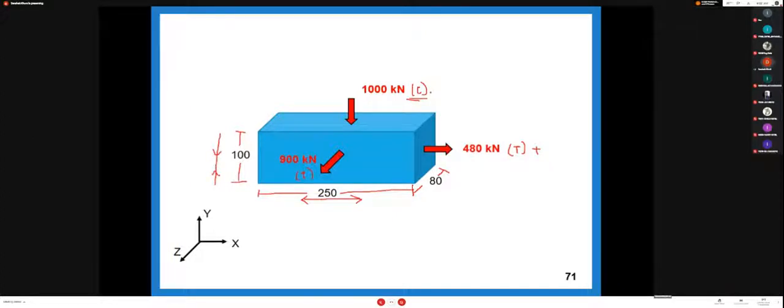So this compressive effect is considered negative. So ultimately we get the increase or decrease in the dimensions, because based on that we find out the change in volume. Okay. So our assumption is tensile force produces positive strain and compressive force produces negative strain.